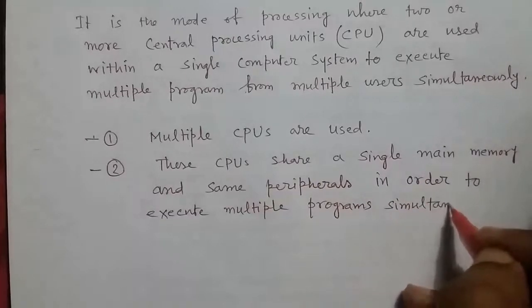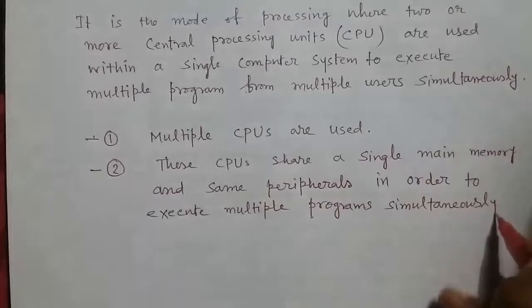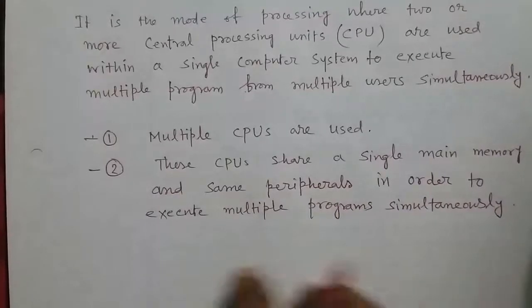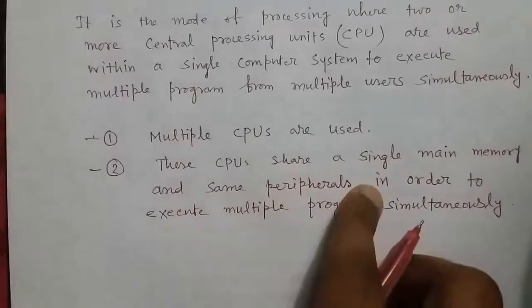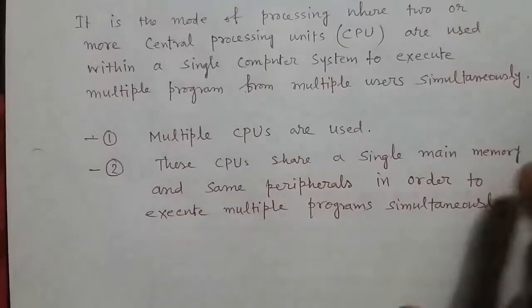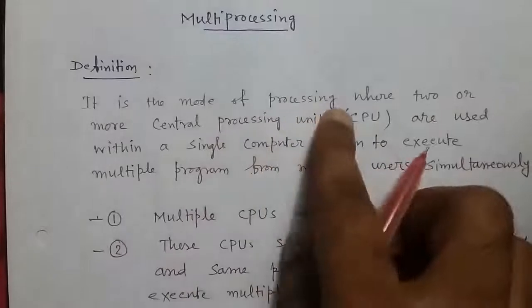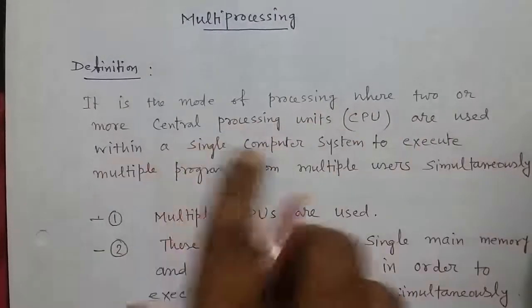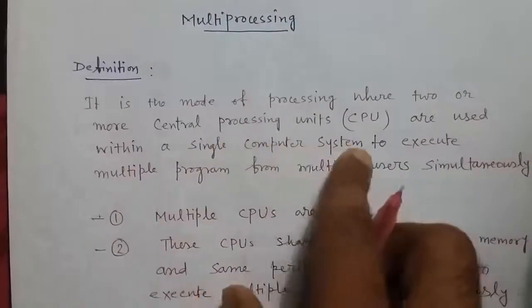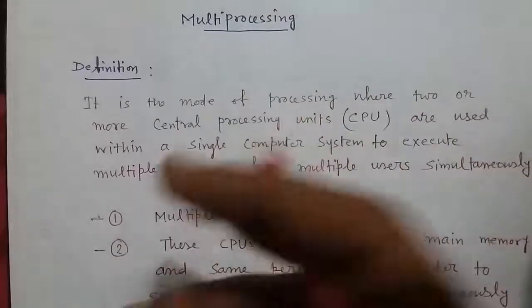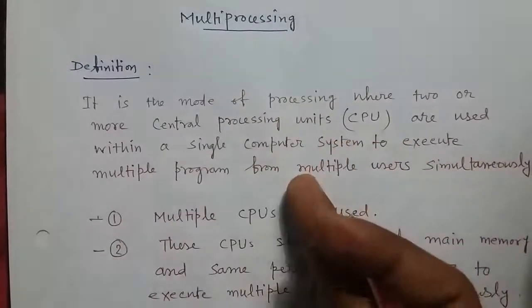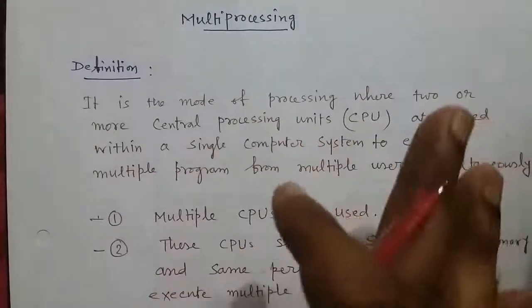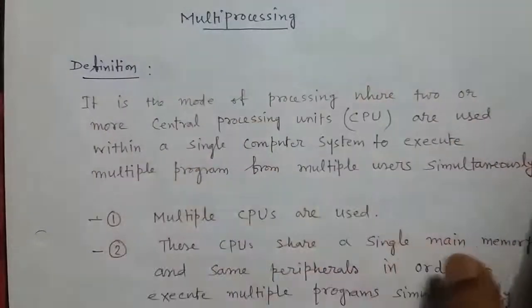These CPUs share a single memory and same peripherals because they are used within a single computer system. And as you know, within a single computer system, only one main memory will be there, and same peripheral devices will be connected to that computer system, isn't it?